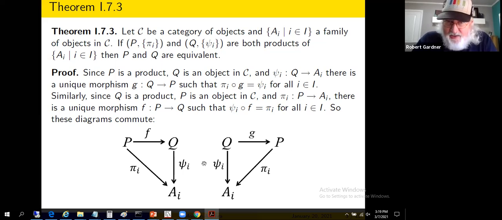Here's what we're going to do next. The centers are the same. I've intentionally drawn this in a particular way. The Q's are the same, the psi sub i's are the same, the A sub i's are the same. So let's glue these together.